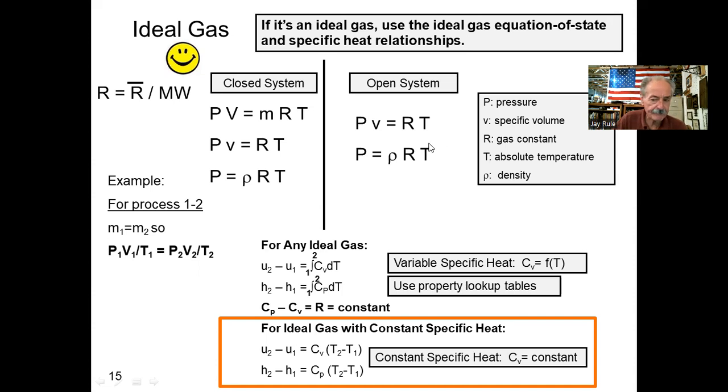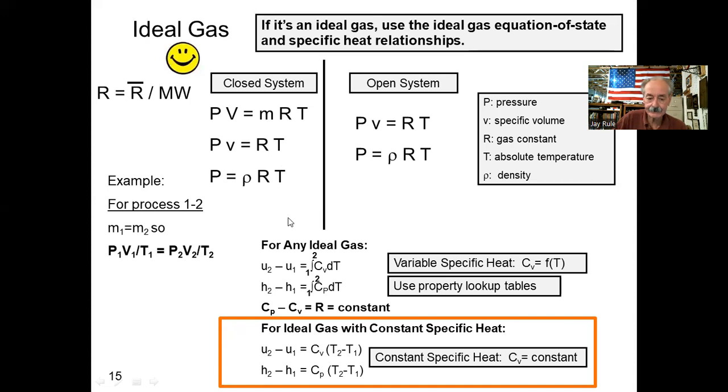Open systems are where you have things flowing in and flowing out. Notice here, there's no m. We don't deal with masses, we deal with m dot. And so the ideal gas equation of state at any state is P times little v is RT, or identically, P is equal to rho RT. You've got those things in your head, I hope.